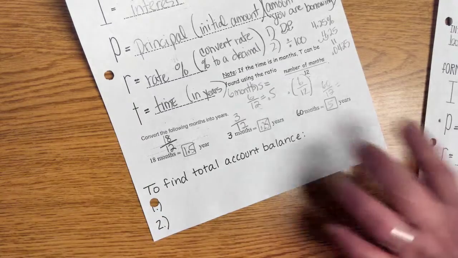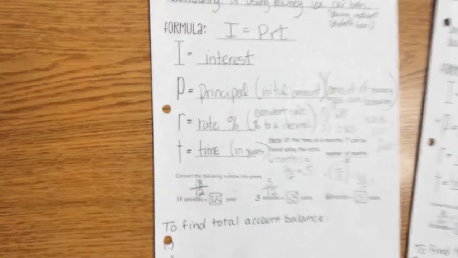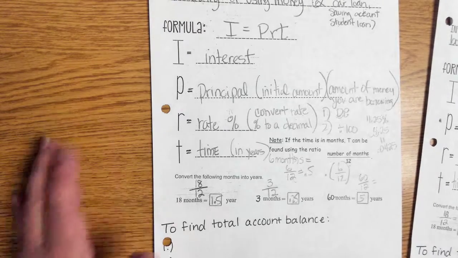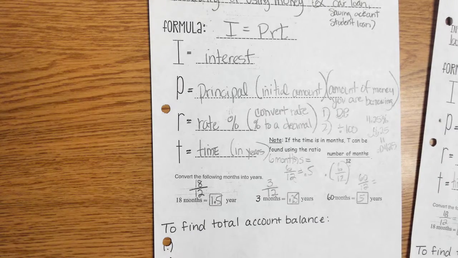All right, so we've talked about this formula. It equals I. So when you do this formula, you are actually solving for the amount of interest you're going to have to pay to borrow that money at this rate and this amount of time. But sometimes they want to know the total repay.